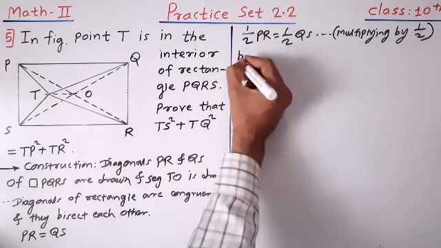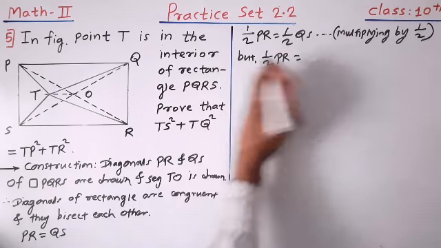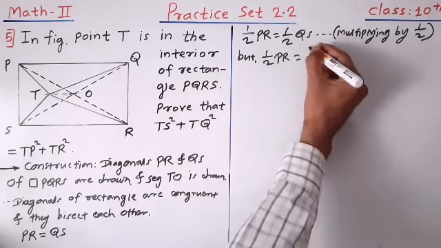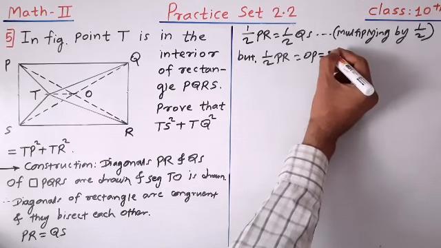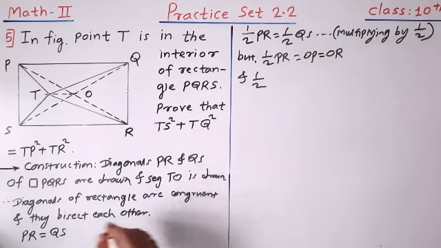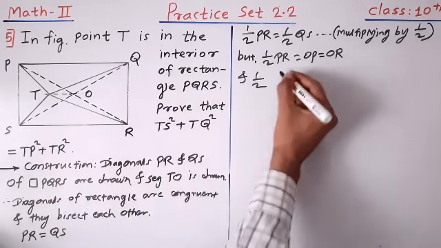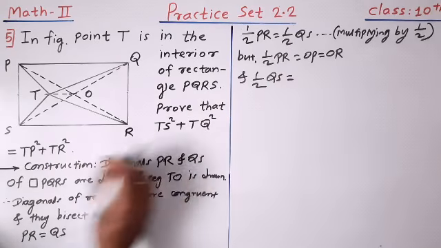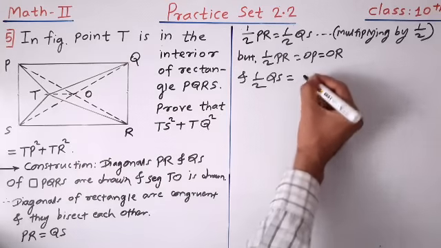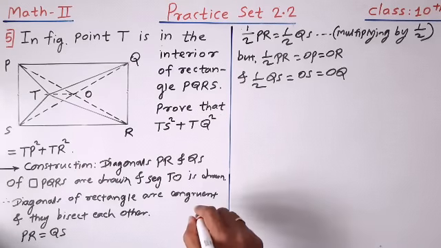So OP is equal to OR, and half of QS, that is the other diagonal, means OS is equal to OQ.